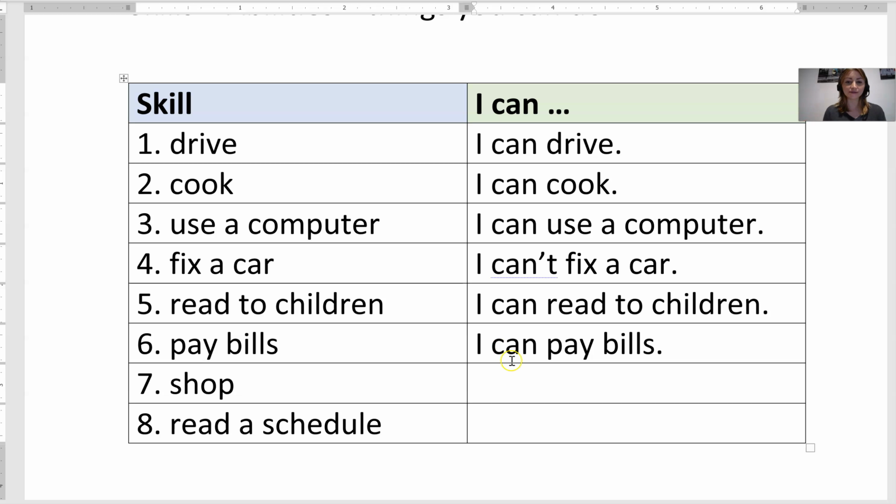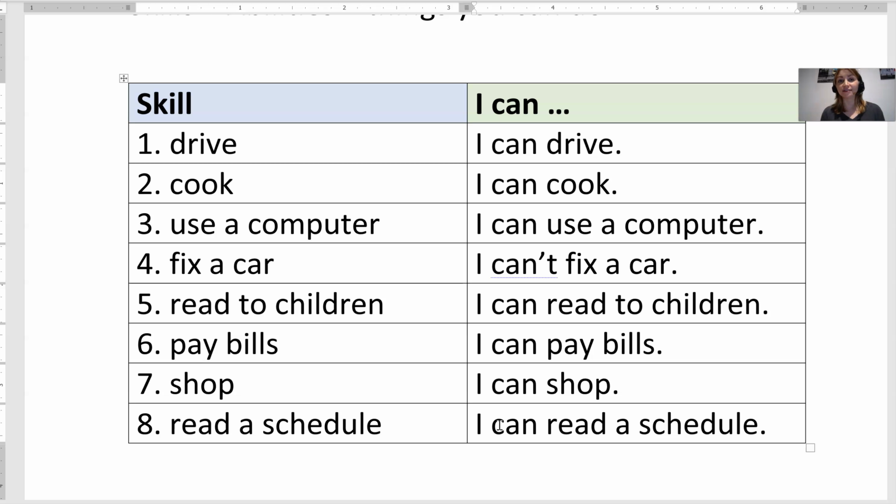I can pay bills. Number 7, shop. Yes, I can do that. I can shop. And number 8, yes, I can read a schedule. Remember, a schedule is the time and the days of different activities. Maybe for work, you have a work schedule and you learn what are the days and the times that you work. Okay, so this is a chart with different skills.